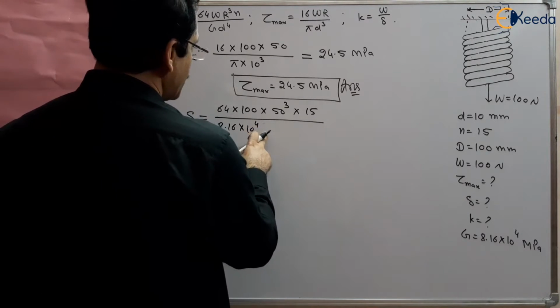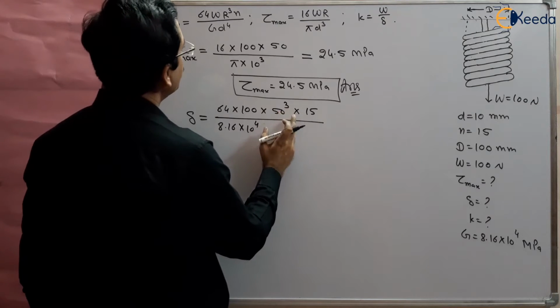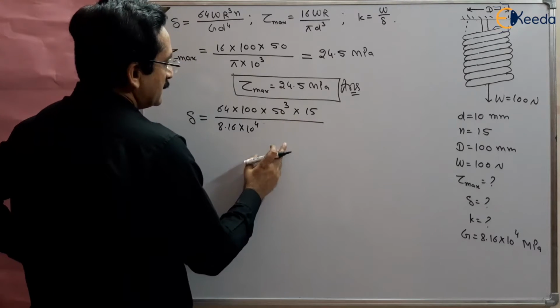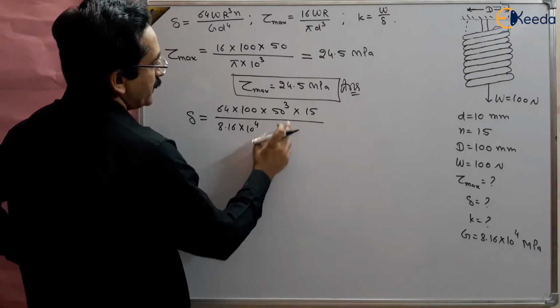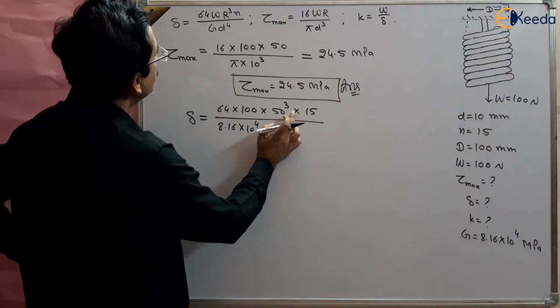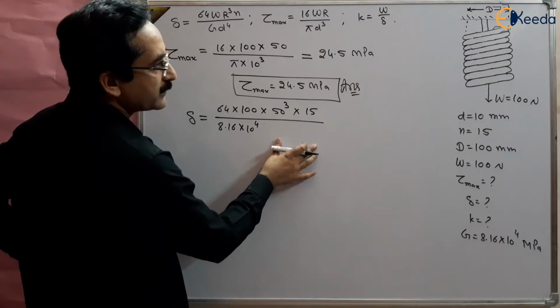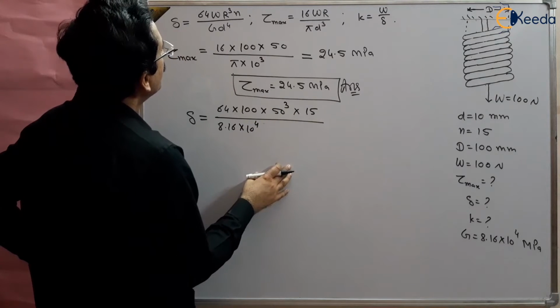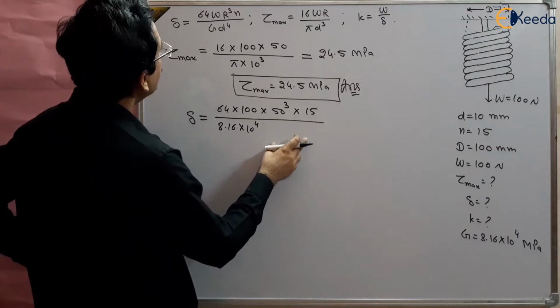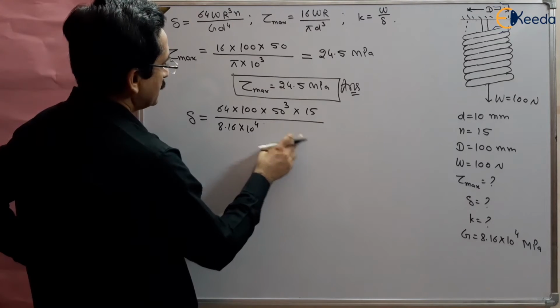Megapascal means Newton per millimeter square. This is millimeter cube, and the wire diameter is 10 mm, so d to the power 4 is in millimeter. So the answer will come in millimeter.